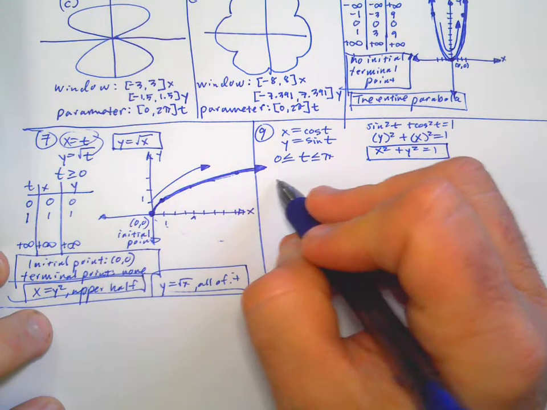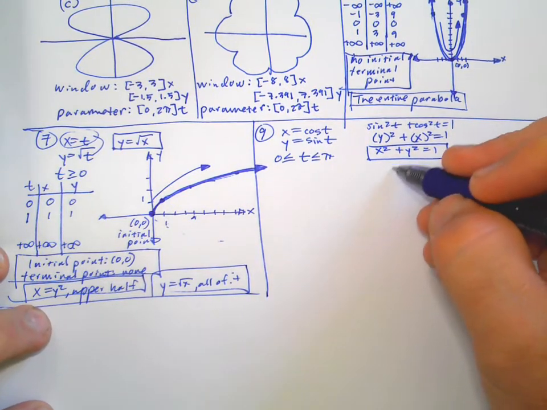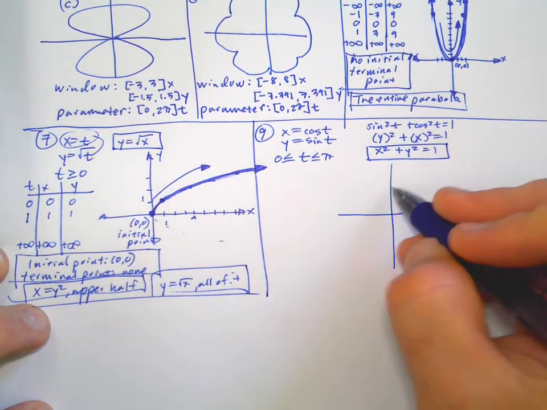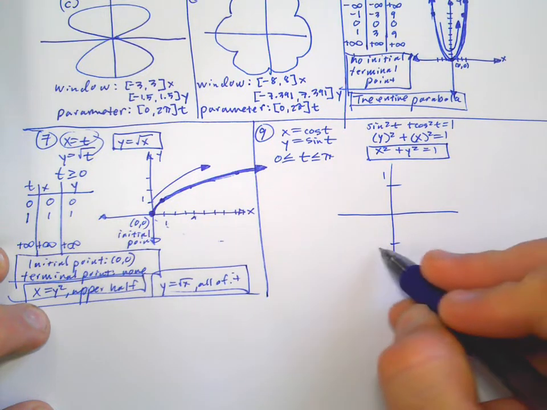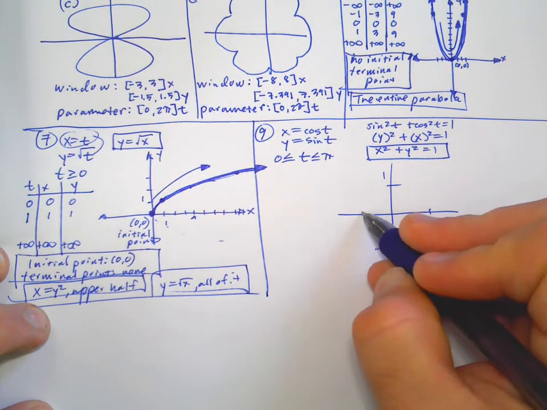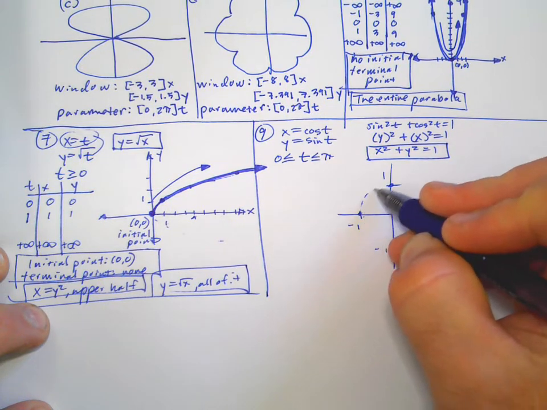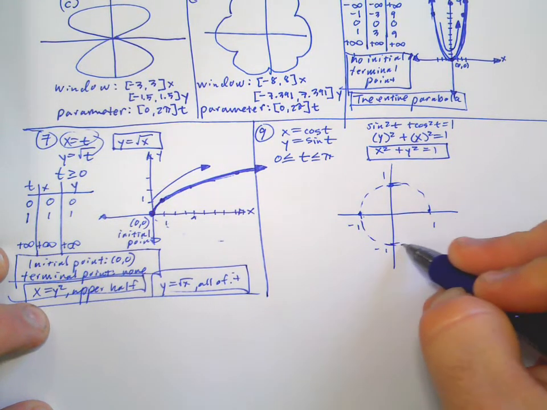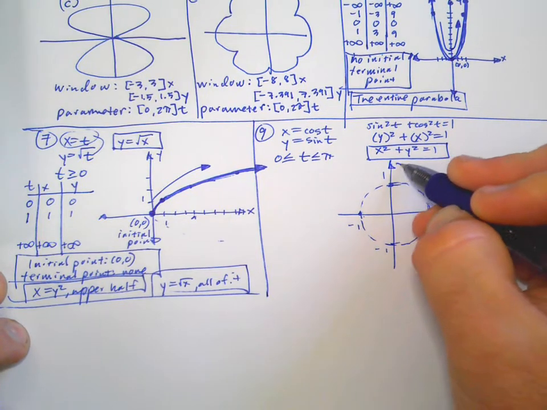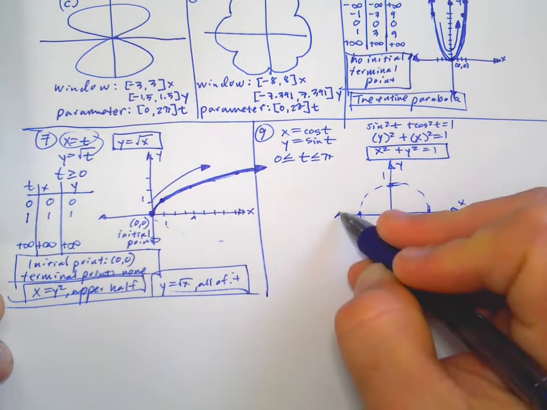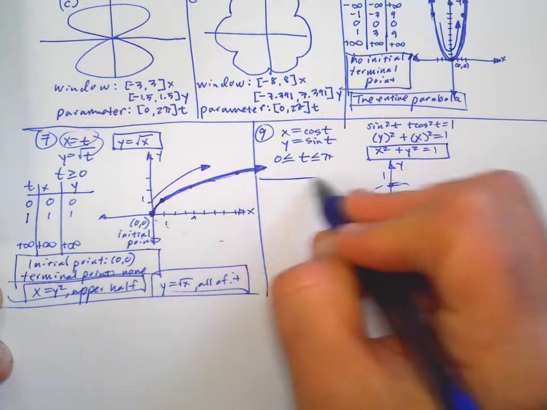And so we could draw a quick sketch of this circle. It has a radius of 1. Usually, best way to draw circles, get a couple points. I'm going to lightly graph it. Okay. All right, so then we can make a table.